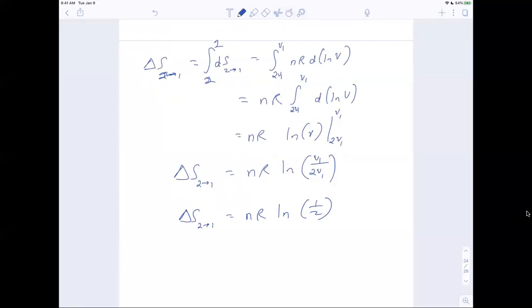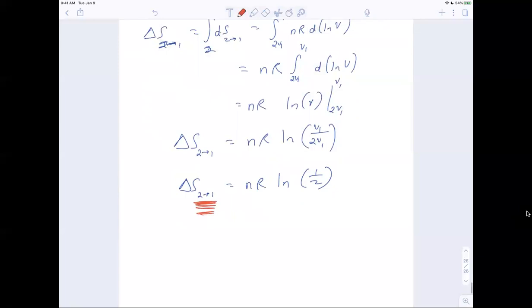This is to go from 2 to 1. But what are we interested in? 1 to 2, right? That expansion. We're interested in the expansion, but that's just going to be the negative of 2 to 1, which is going to be minus nR natural log of 1/2.